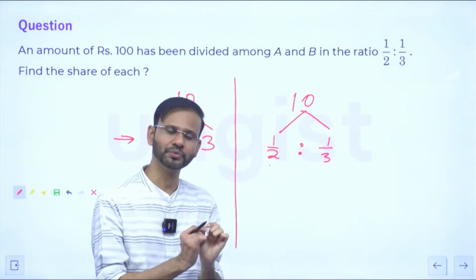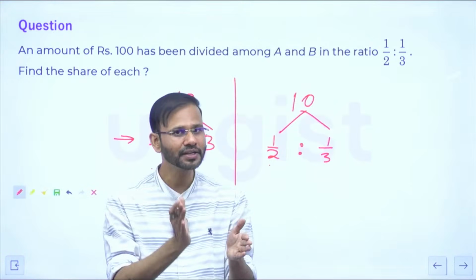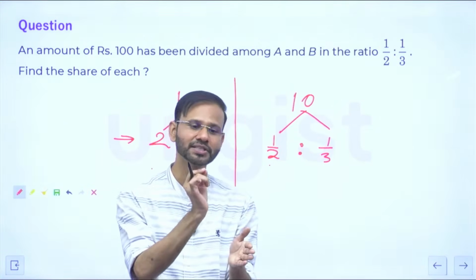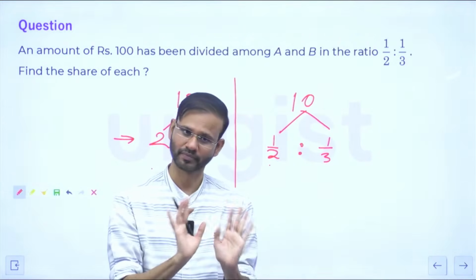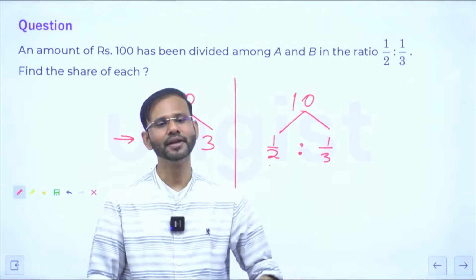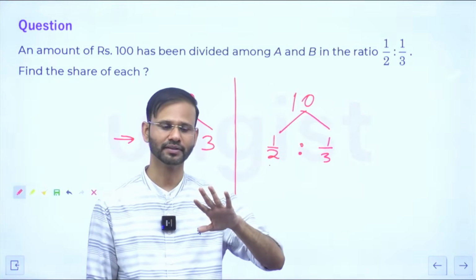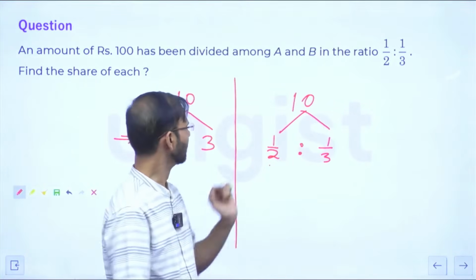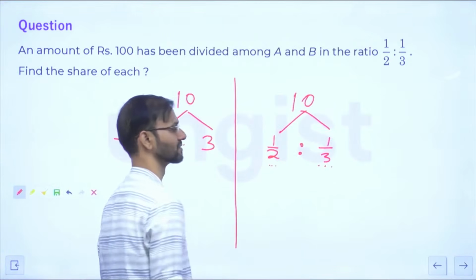And guys, let me tell you, if ratios are given and in all the ratio terms I am multiplying with the same constant, then the ratio does not get affected. Right? Ratio remains the same if I multiply all the terms with the same constant. Correct? So just think about the constant which can cancel these denominators.